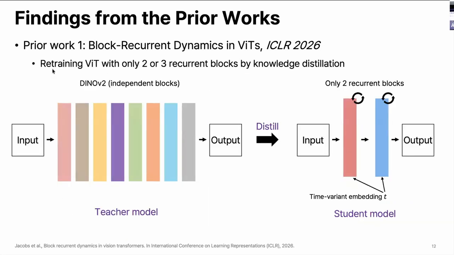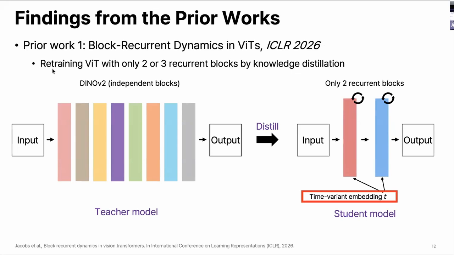As shown here, they train a student model using only a few recurrent blocks. The teacher is the original Dino2 model, where every layer has independent parameters. The student reuses only 2 blocks, and each block is applied multiple times.